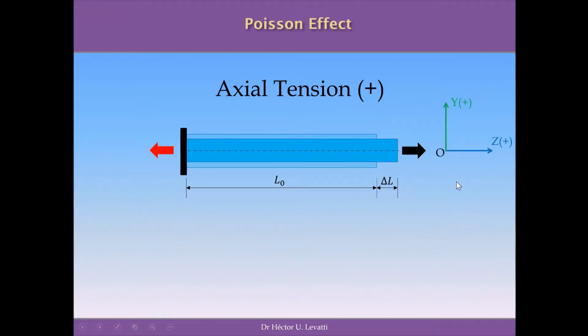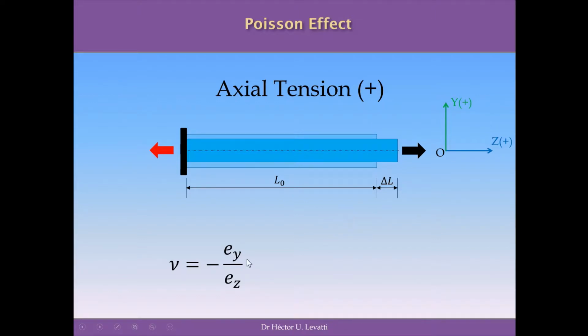So what we have in here is another very important concept called the Poisson effect. I mentioned a minute ago that when you deform this beam, because of this force P, you will produce a contraction in the perpendicular direction. You will produce an increment in the length because of the force, but automatically, because of the Poisson effect, there will be a contraction in the distances perpendicular to the length of this beam.